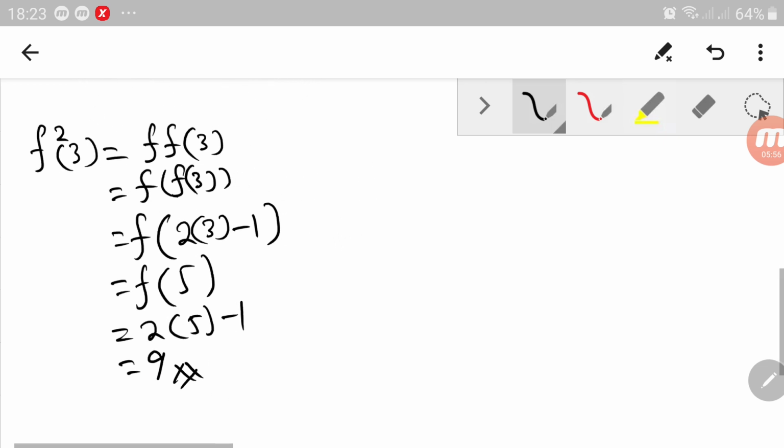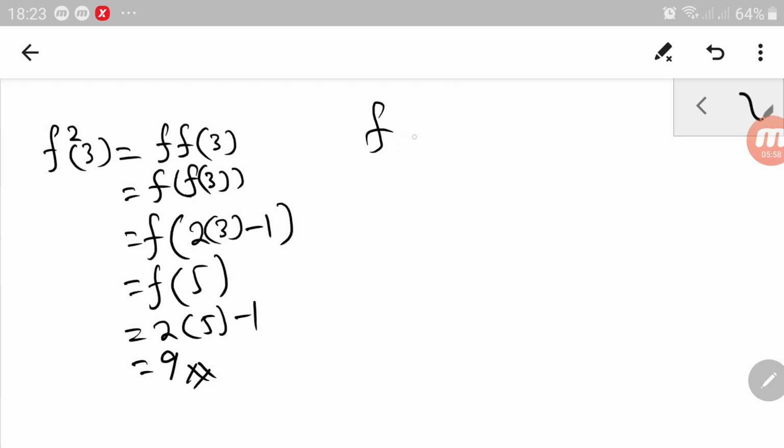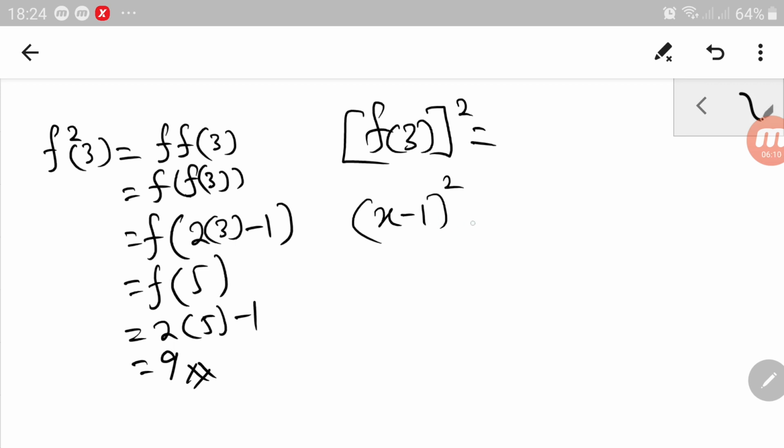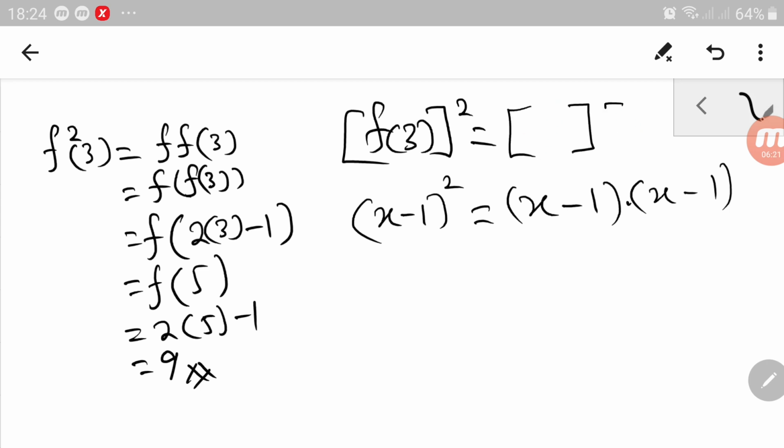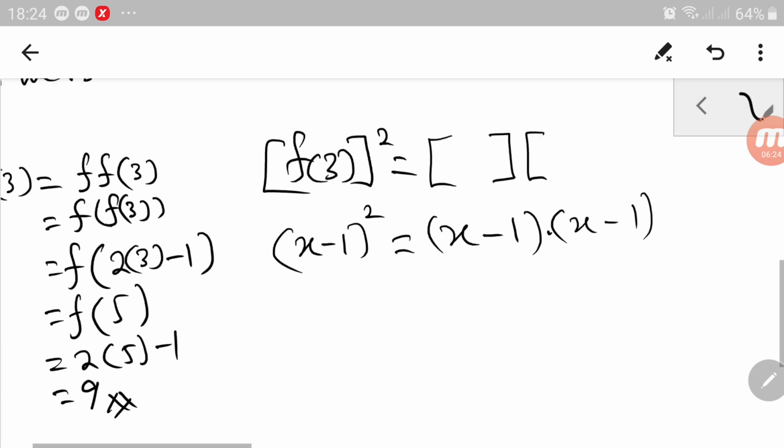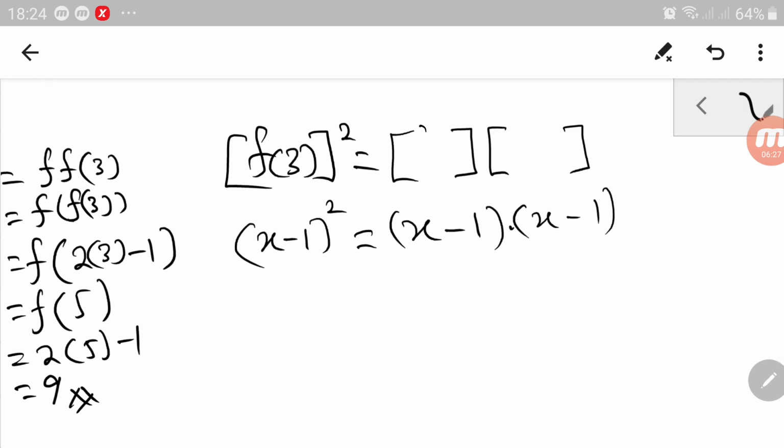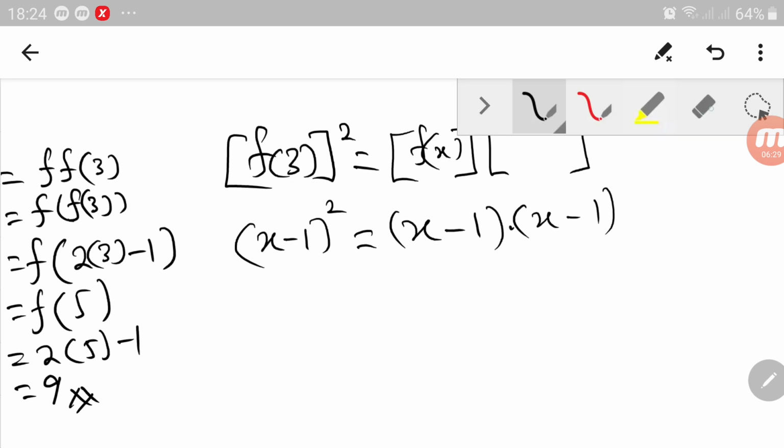Now how about the other one? f(3) in brackets squared. This one is different because the square is outside. Let's consider this: if we have x minus 1, and we put the square outside the bracket, what will happen? It equals x minus 1 multiplied by x minus 1. So the same goes to this one. We just copy paste the bracket and then copy paste the content.